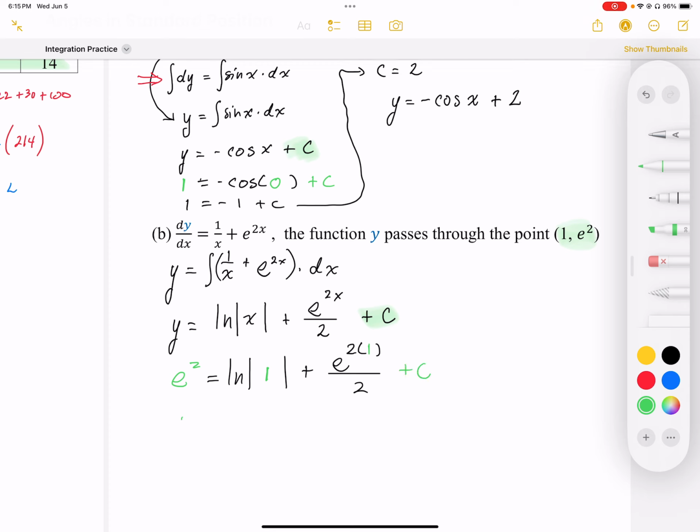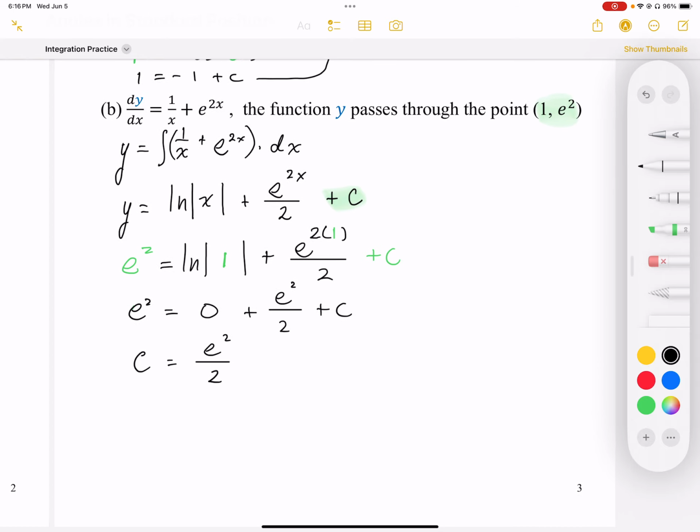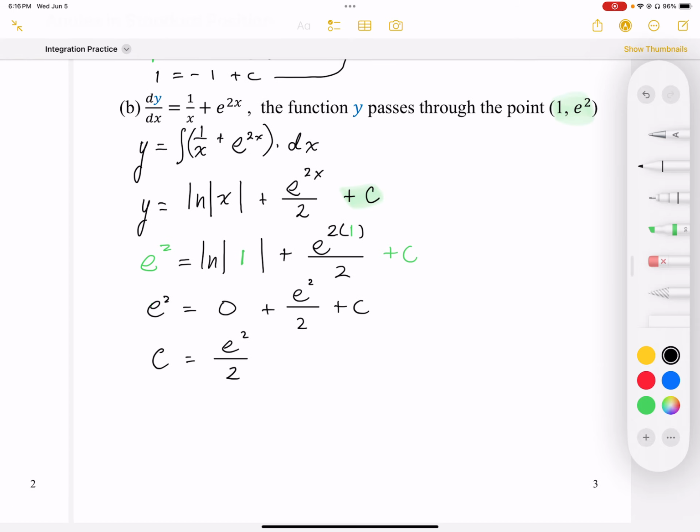So working this out, I get e squared is equal to log 1, which is 0, plus e squared over 2, plus c. Solving for the plus c, I get e squared minus half e squared leaves me with positive e squared over 2.